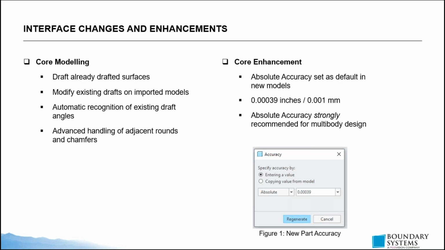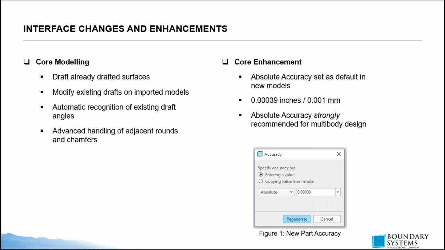And then next, you can also modify existing drafts on imported models. And so again, if you get a non-native file, a STEP, an IGES or things like that from vendors or customers, you can still modify and change and tweak drafts on there inside of Creo 7.